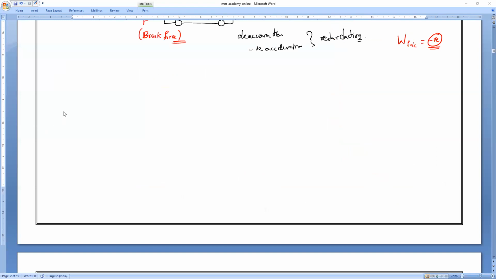Next, the third type of work done. What is the third type of work done? Zero work done. Zero work done means, remember, the angle between force and displacement is exactly 90 degrees.